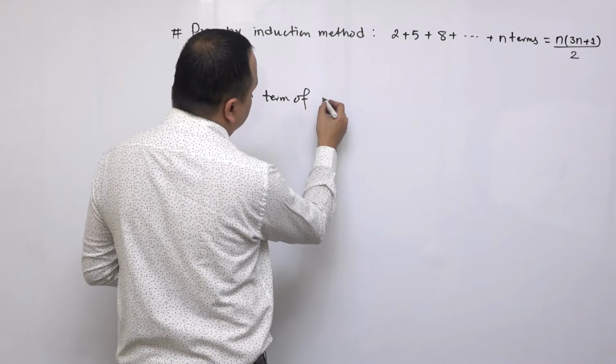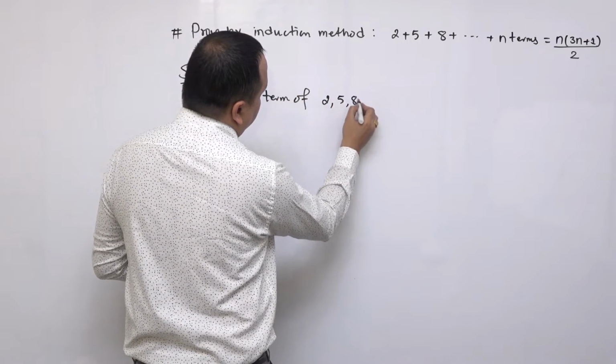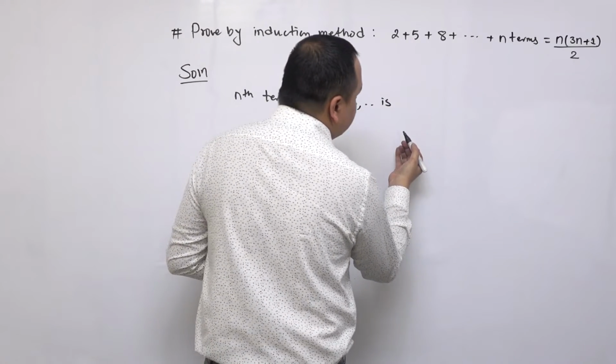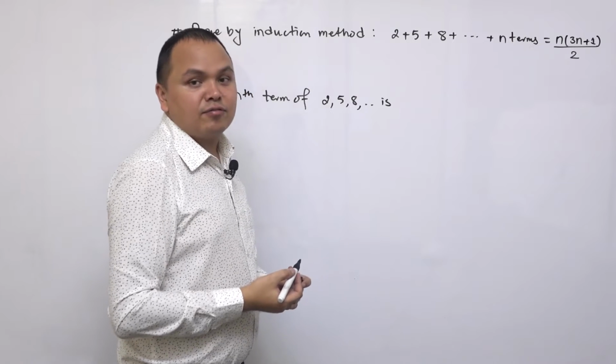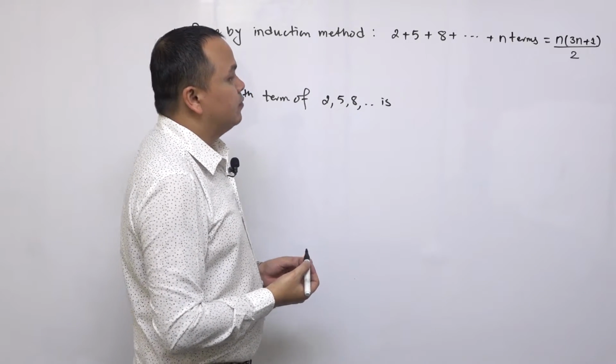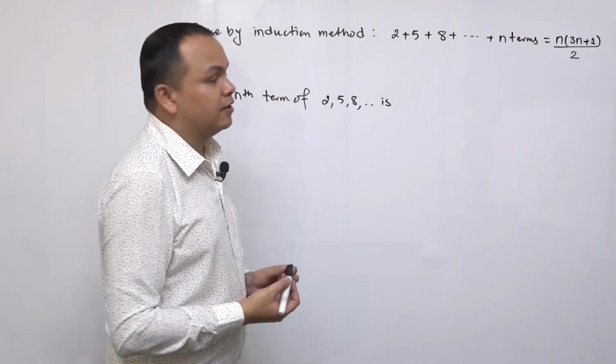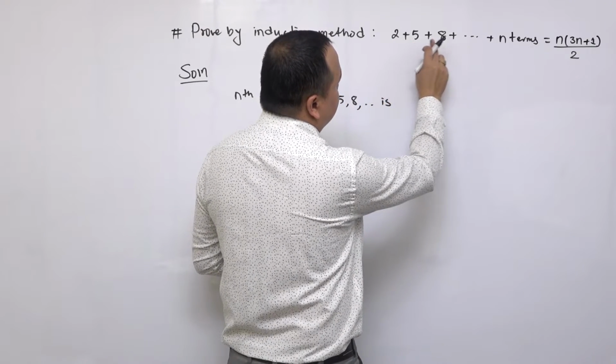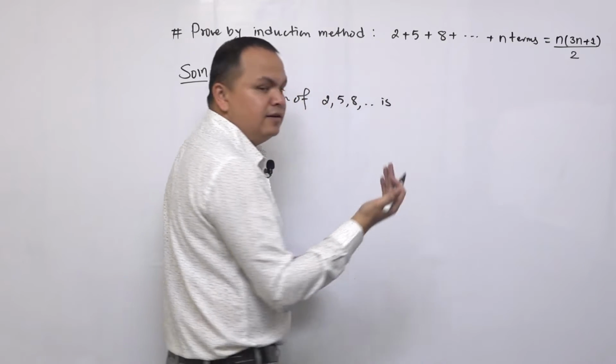Nth term of 2, 5, 8 is a plus n minus 1 times d, because 2, 5, 8 are in AP.